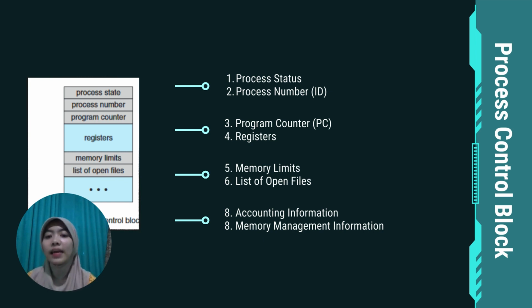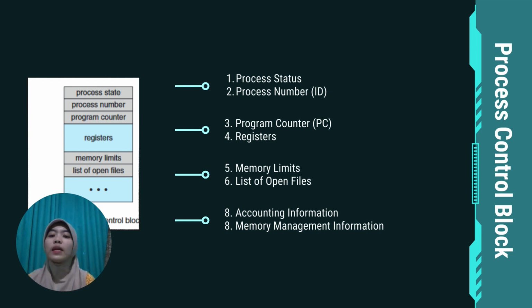The eighth is memory management information. This attribute includes information about the process's memory requirements and memory allocation. It specifies how much memory the process needs and where it is allocated in the memory hierarchy.